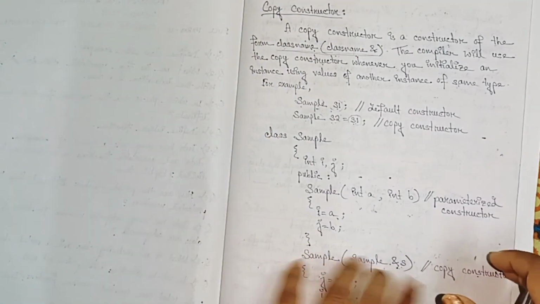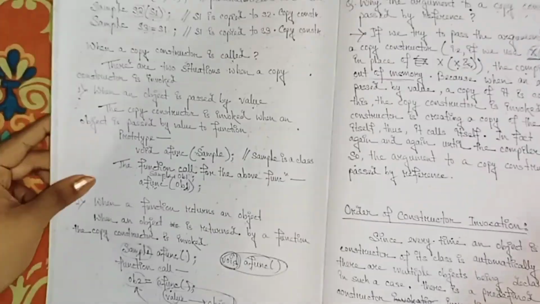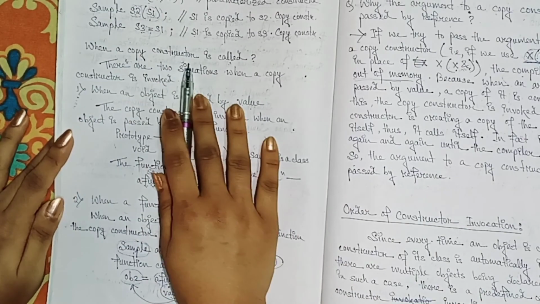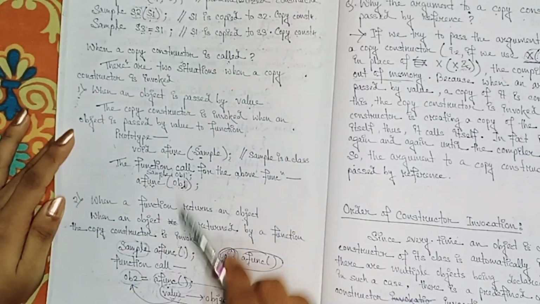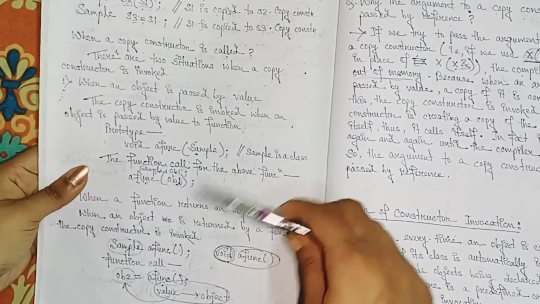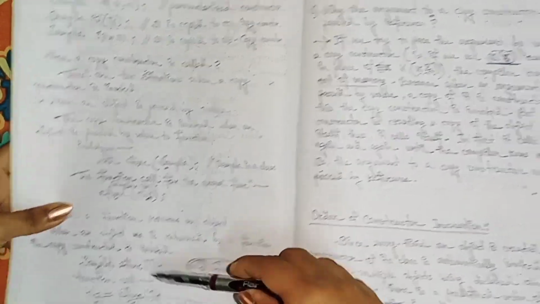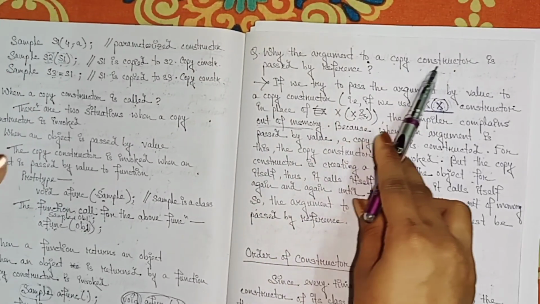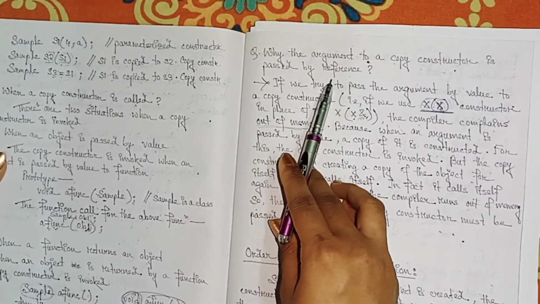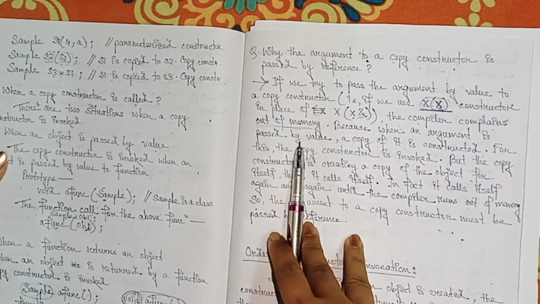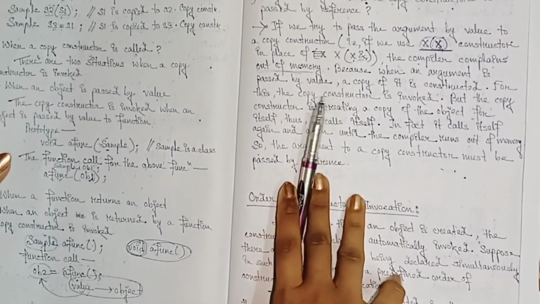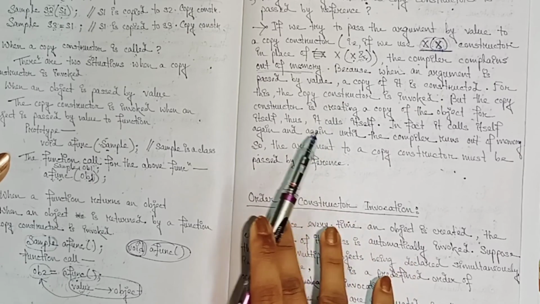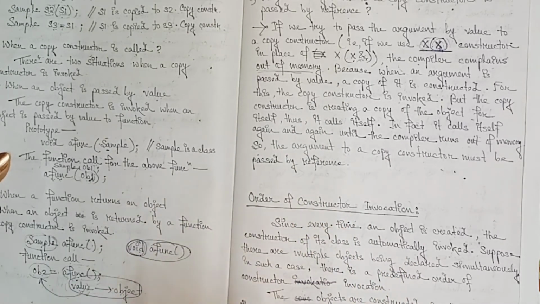What is a copy constructor? Along with an example I have mentioned. Then when a copy constructor is called, there are two situations, along with examples, which I have mentioned. Then why the argument to a copy constructor is passed by reference, this answer I have also written here. You have to make notes for this. Likewise I have written, you also have to make notes like this.